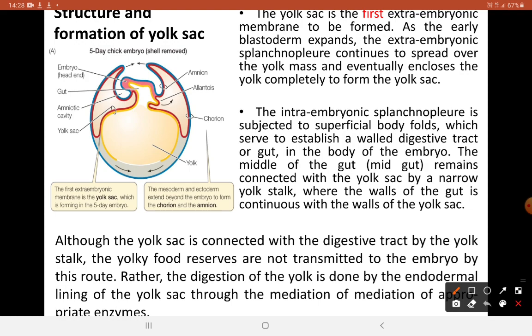But though the gut is in direct contact with the yolk sac through this yolk stalk, the nutrients are not directly supplied to the gut. Rather, the yolk will get digested with the help of appropriate enzymes, and then it is supplied to the developing embryo.